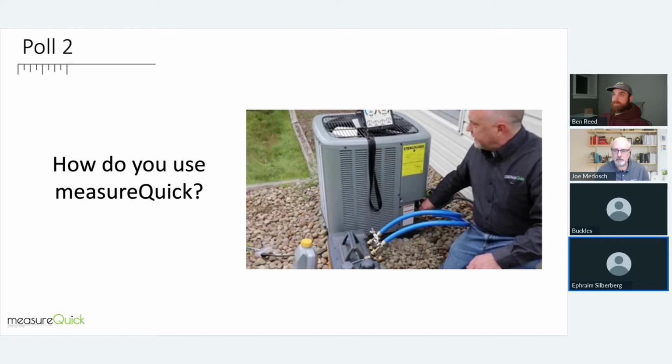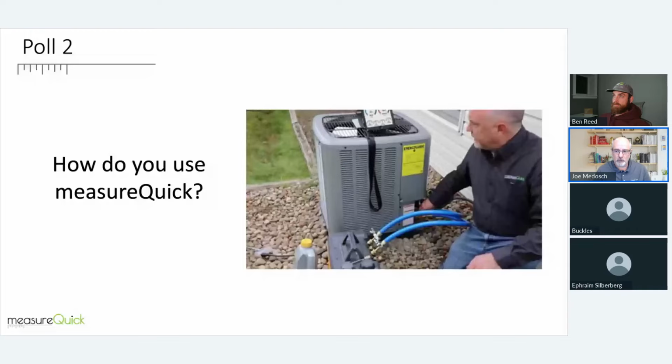Thanks. Sweet. So the poll's open right now, Joe, and we have a couple other questions. Adam asks, can report outputs be private labeled? Yeah, they're not private labeled because measureQuick is still on the actual PDF, but your logo and your technician's information is on a cover page, as well as anywhere there's an area for a logo, that's your company logo, which you put into Virtuoso.